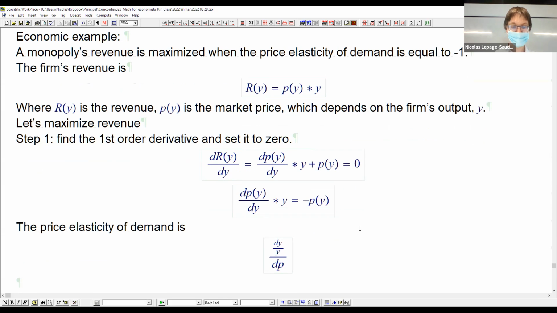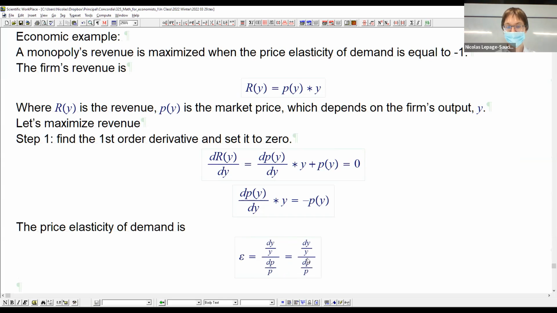Let me write it correctly. And what I can do is just multiply by p and divide by y, so I get the following.